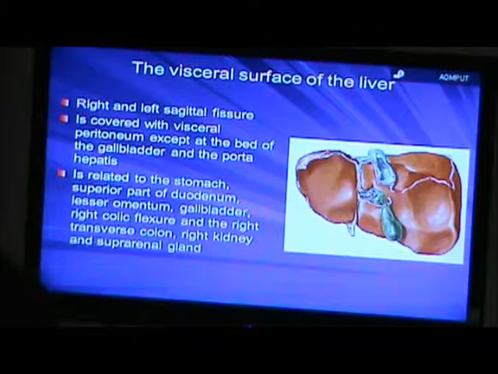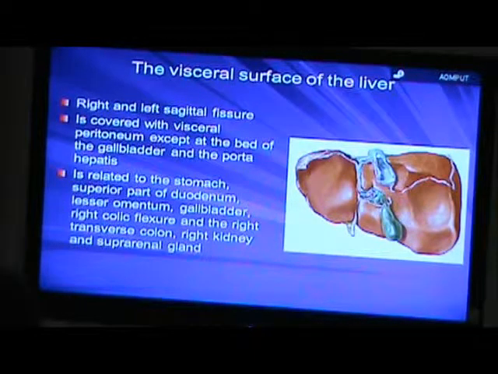On the visceral surface of the liver, we can find the right and left sagittal fissures. The visceral surface of liver is covered with the visceral peritoneum, except at the bed of the gallbladder and the porta hepatis. But now we are talking about the visceral surface.